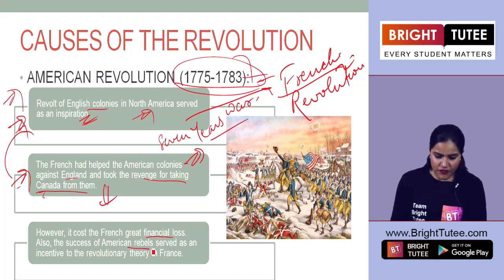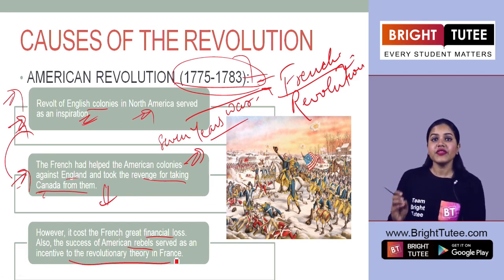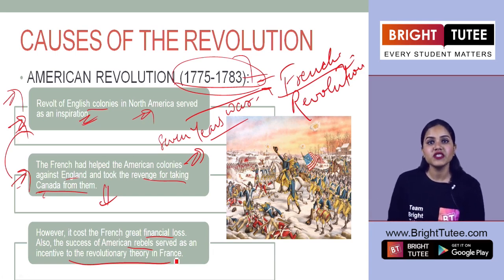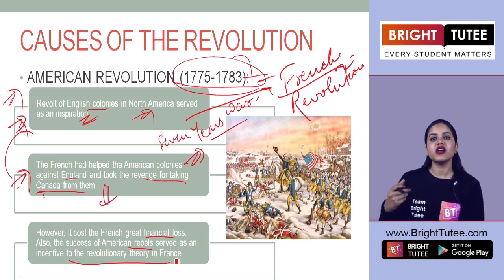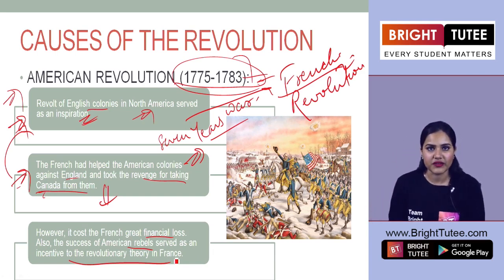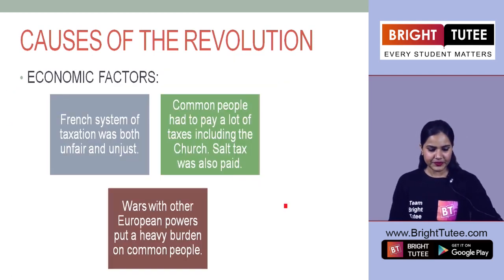Also, the success of American rebels served as an incentive to the revolutionary theory in France. America gained independence, but it also became a source of inspiration, and revolutionary ideas were now growing in France as well. So this is how you have to remember this part.